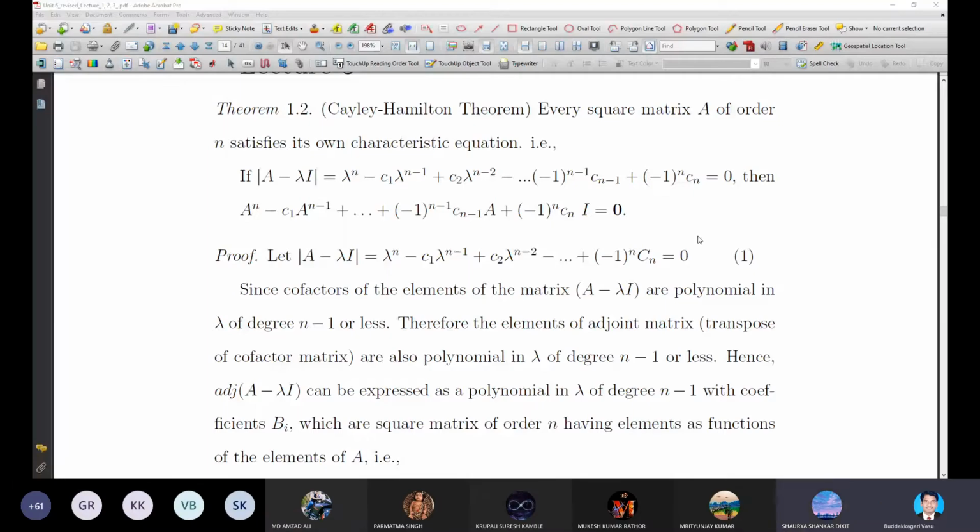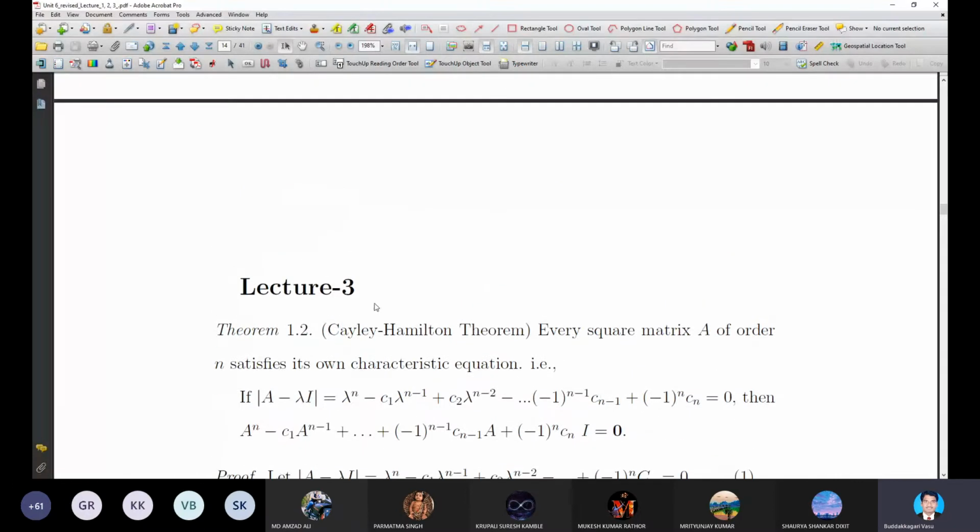I will write the matrix polynomial here so that you will understand. Suppose A0 plus A1x plus A2x square plus so on plus An x power n, where An is a non-zero matrix.